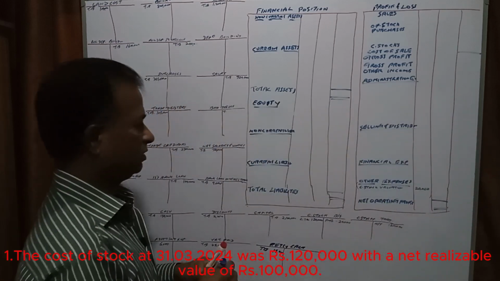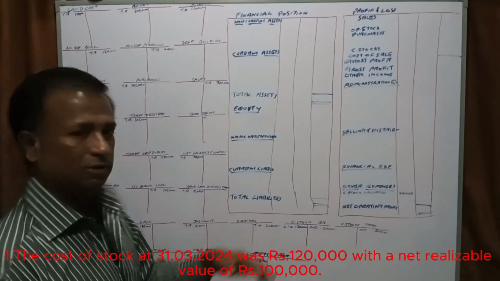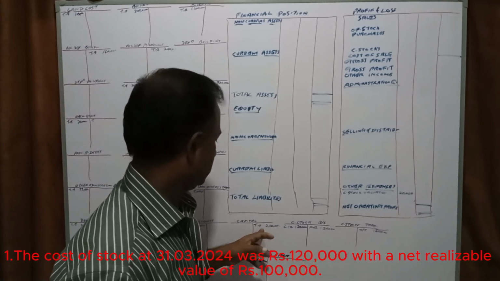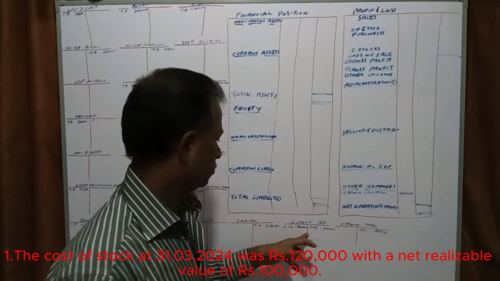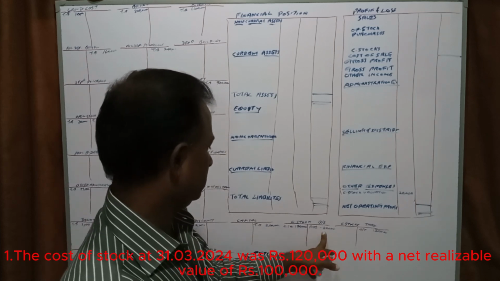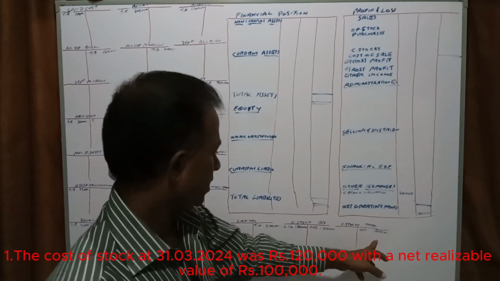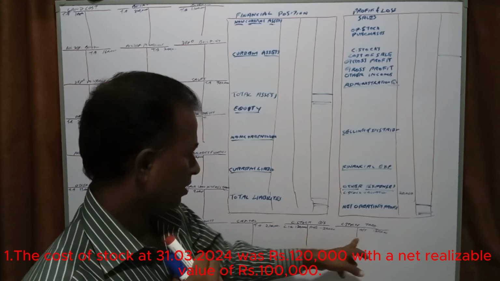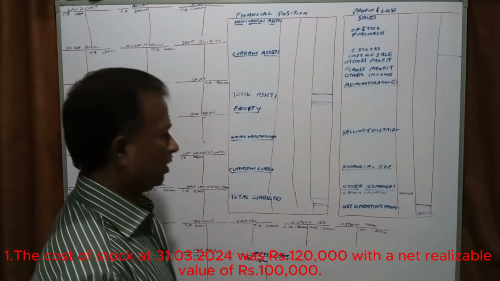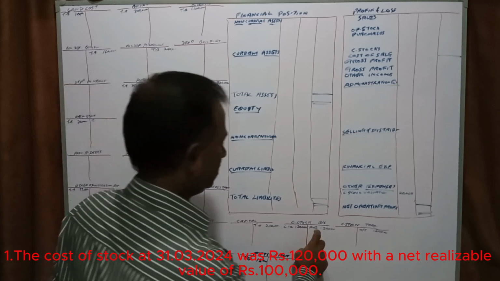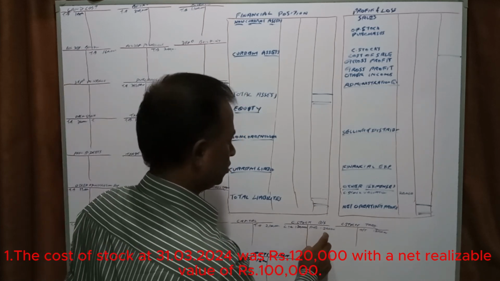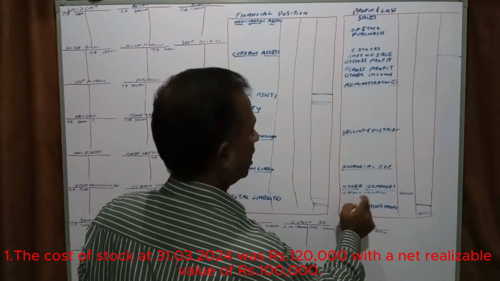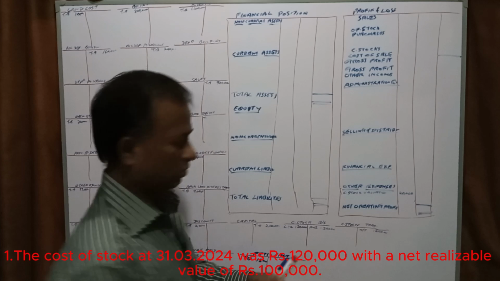The difference is 20,000. In the first adjustment, closing stock of 120,000 is debited in the balance sheet and credited in the trading account, and the 20,000 difference is credited to closing stock in the balance sheet and debited to other expenses in the profit and loss account.